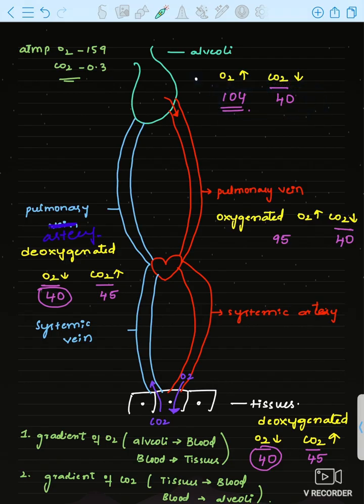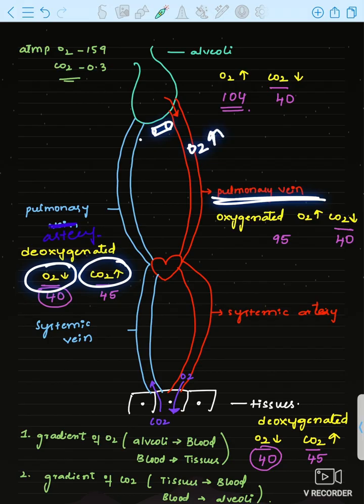Here in the alveoli, O2 concentration will be more, because O2 from the atmosphere will be coming into the alveoli, CO2 will be less. Now exchange of gases will occur. In the pulmonary artery also O2 will be less, CO2 will be more. In the pulmonary vein, here exchange of gases will occur, so here O2 will be more and CO2 will be less.